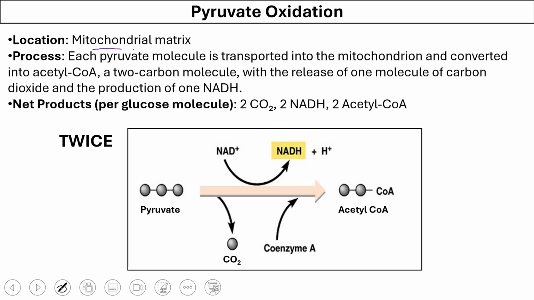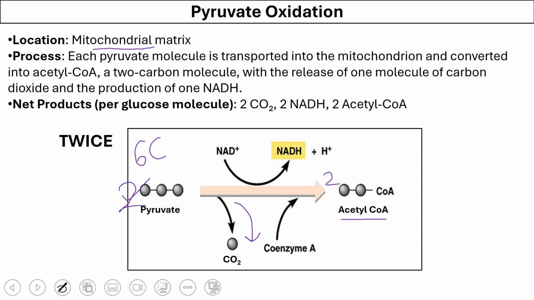This pyruvate then enters the mitochondrial matrix. Pyruvate is a 3-carbon molecule generated from glucose, which was a 6-carbon molecule. So we have 2 molecules of pyruvate. Each pyruvate releases 1 molecule of carbon dioxide and produces acetyl-CoA.